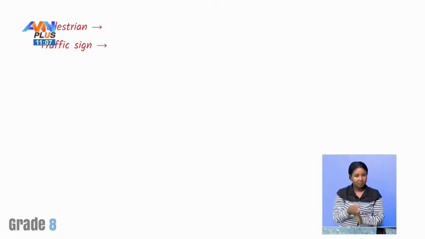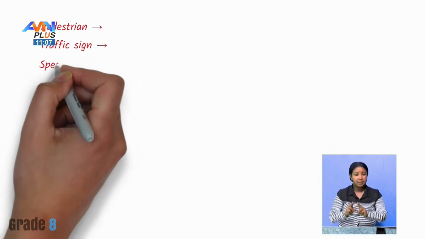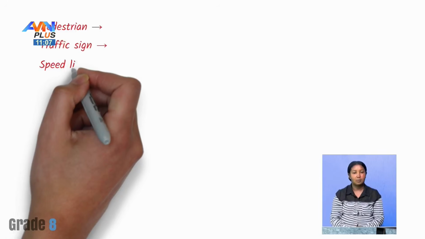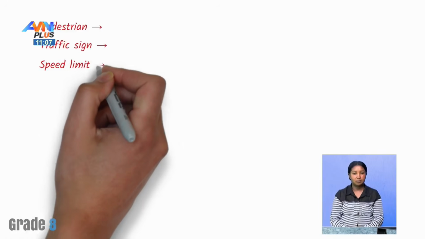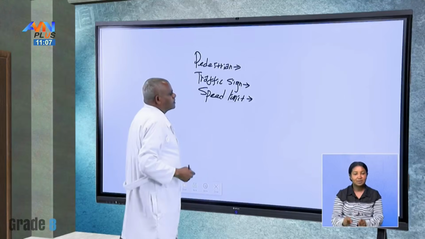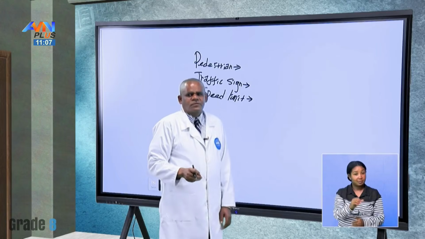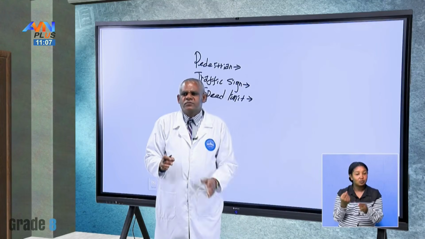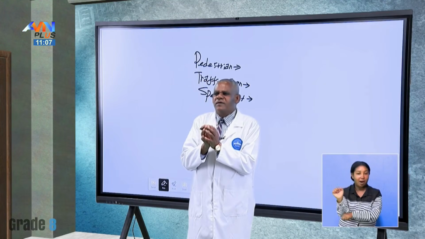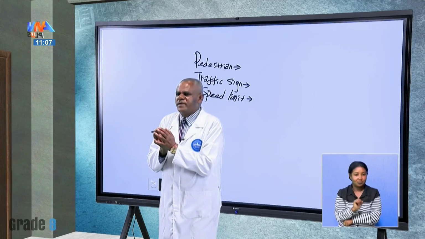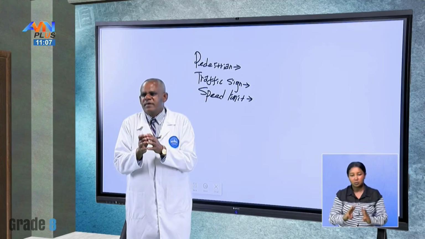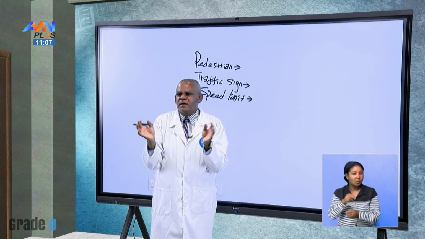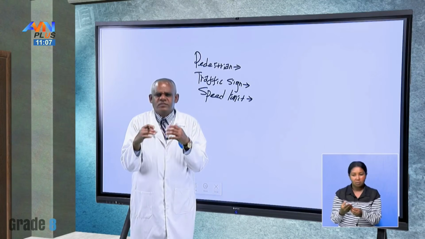The other one is speed limit. Speed limit is the amount of speed allowed for the driver to drive his or her car on a busy street, around the school, at the hospital area, in secured areas, etc.